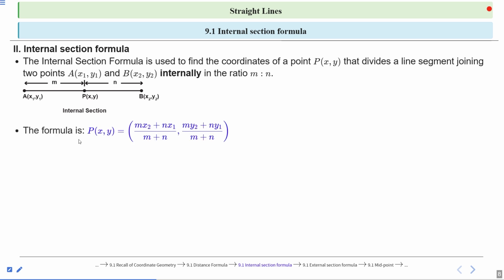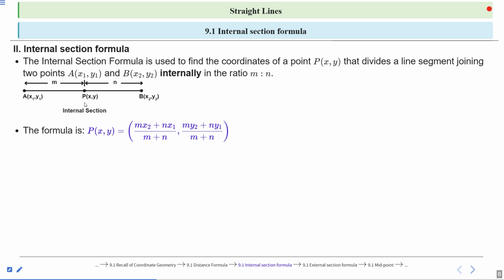So the formula is basically P of x comma y equal to (mx2 plus nx1) divided by (m plus n) comma (my2 plus ny1) divided by (m plus n). That means here the coordinates of P are (mx2 plus nx1) divided by (m plus n) comma (my2 plus ny1) divided by (m plus n).